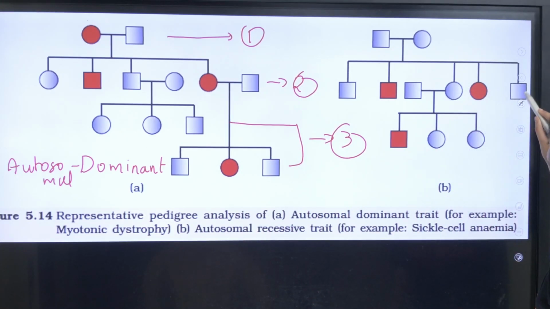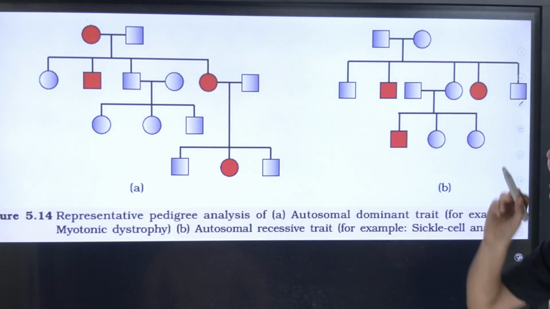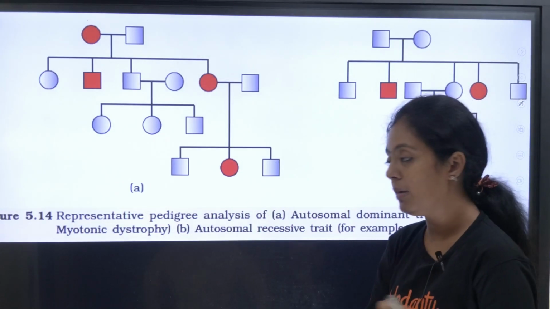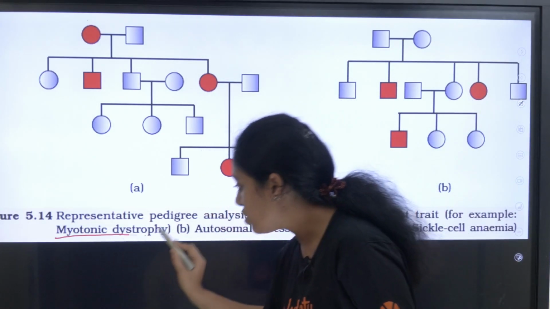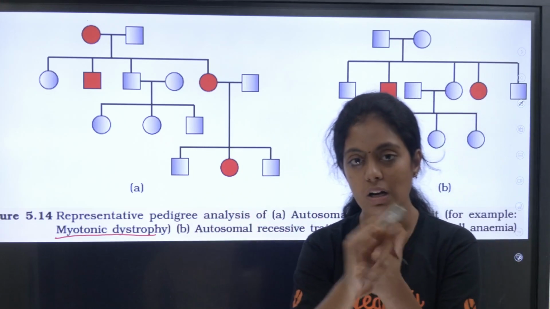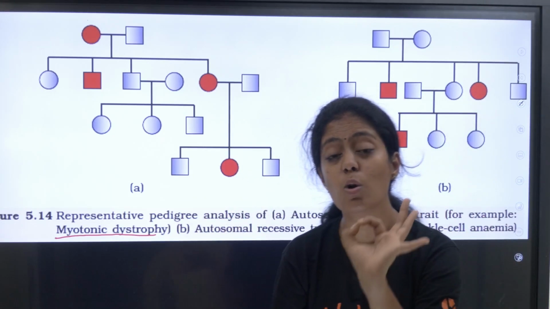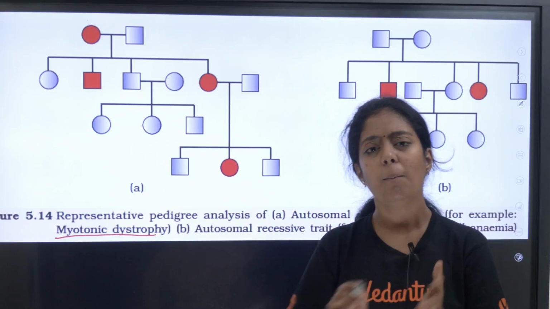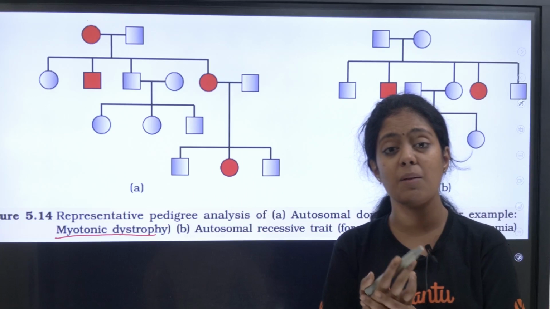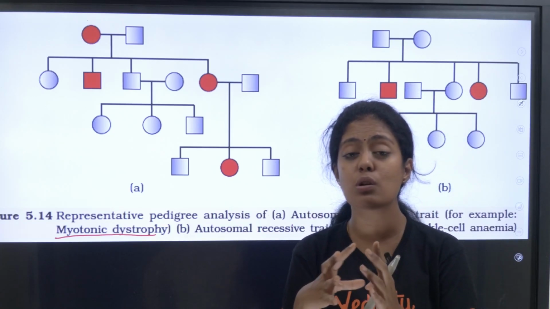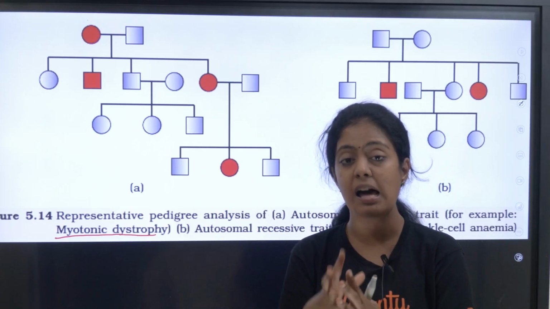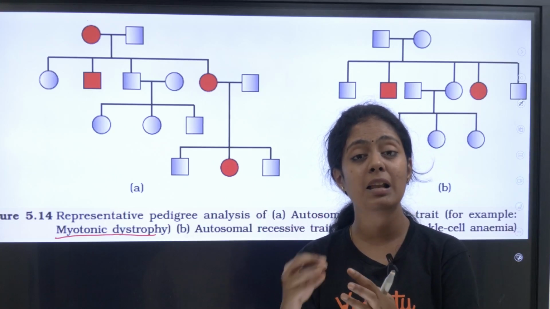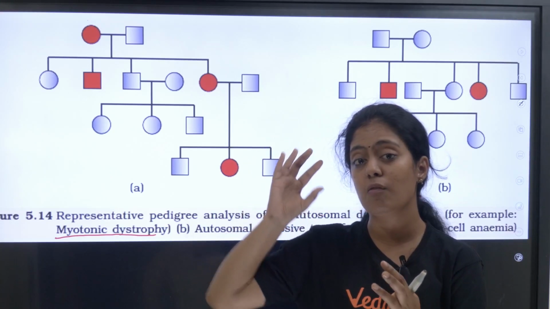Another important thing: an example for autosomal dominant trait, though it is not mentioned in the text of your book but given in the diagram, is myotonic dystrophy, also called muscular dystrophy. In our muscles there is a protein called dystrophin that helps in contraction and relaxation of muscles.